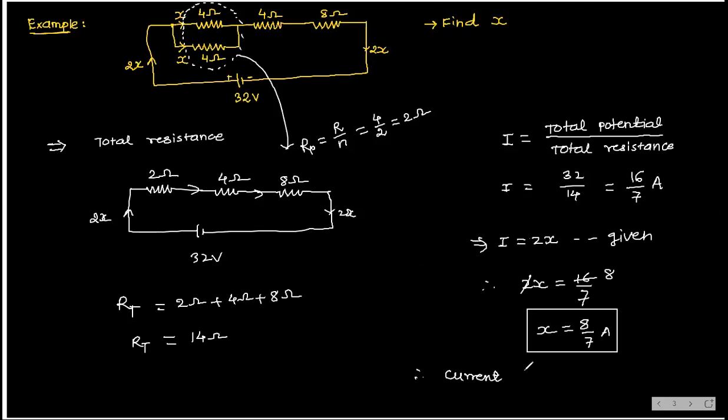We are getting x equals 8, not 8 by 7. If we take total resistance, we get only 8 ohms and 16 ohms, 16 amperes and 8 amperes, sir.